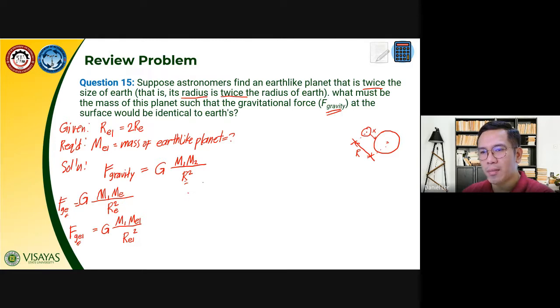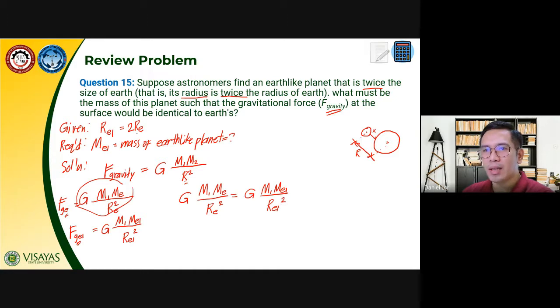So we can rewrite them as G, mass of that person or an object on the surface times mass of the Earth divided by R_E squared is equal to G times mass of the object on the surface of the Earth-like planet times the mass of the Earth-like planet divided by R_EL squared.